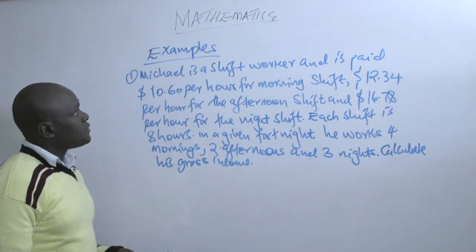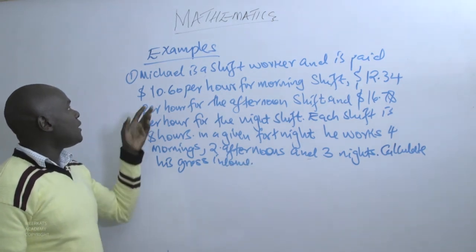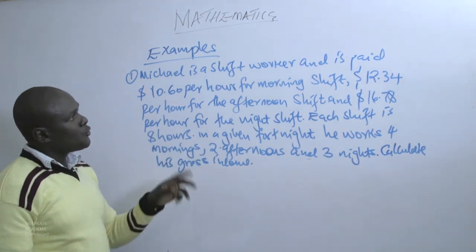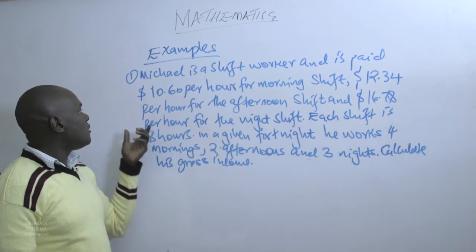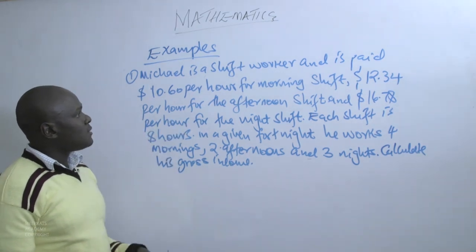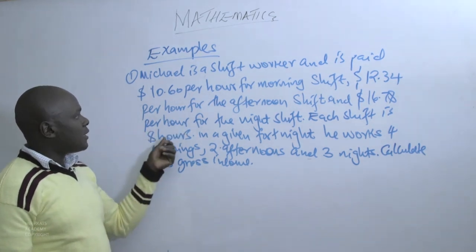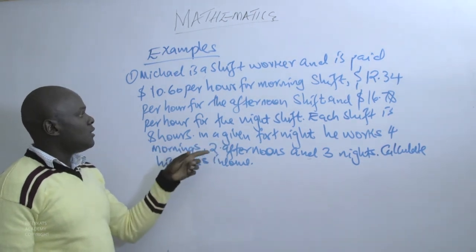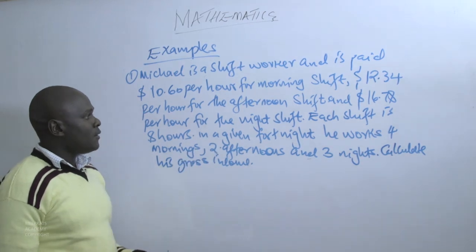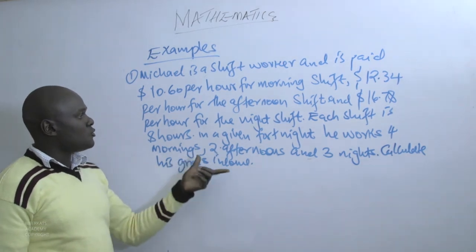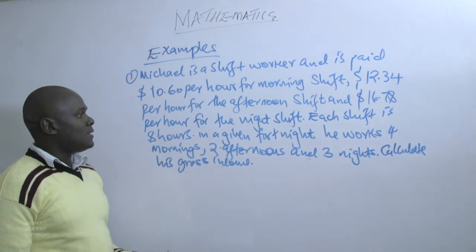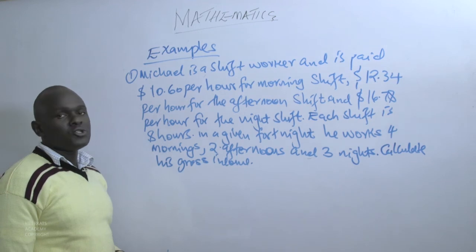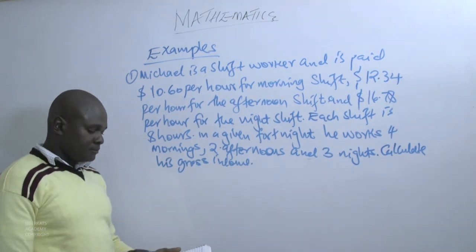Michael is a shift worker and is paid $10.6 per hour for the morning shifts, $12.34 per hour for the afternoon shifts, and $16.78 per hour for the night shift. Each shift is 8 hours. In a given fortnight, he works 4 mornings, 2 afternoons, and 3 nights. Calculate his gross income.